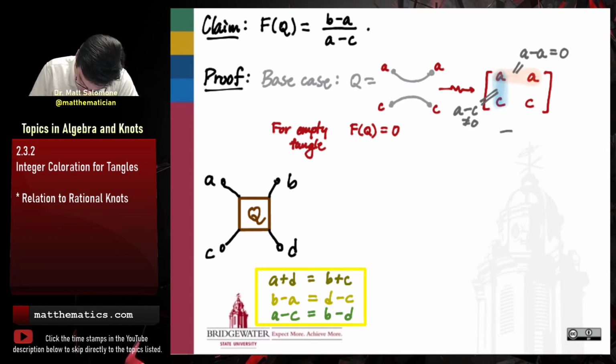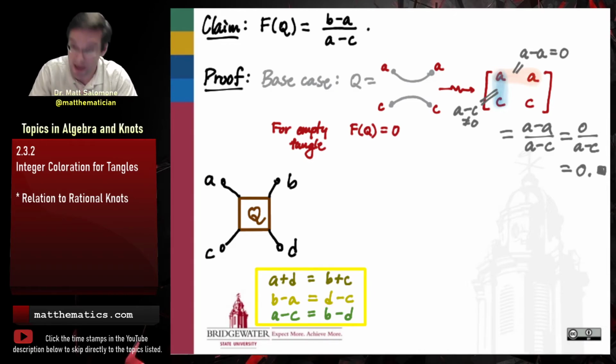So I get A minus A over A minus C, which is 0 divided by A minus C, and that's equal to 0. So my base case works out. This recipe of dividing the column difference by the row difference does give me the right fraction for the empty tangle. So that gets our process started.